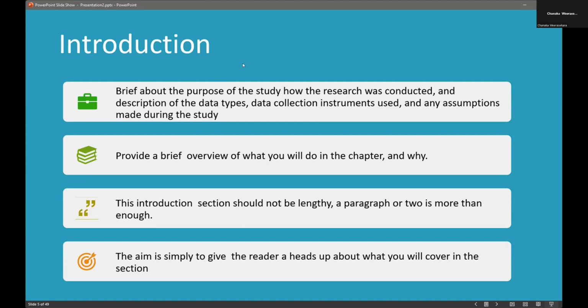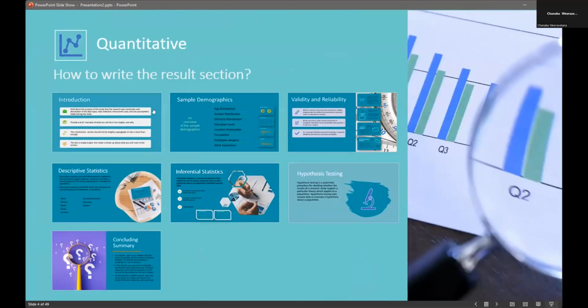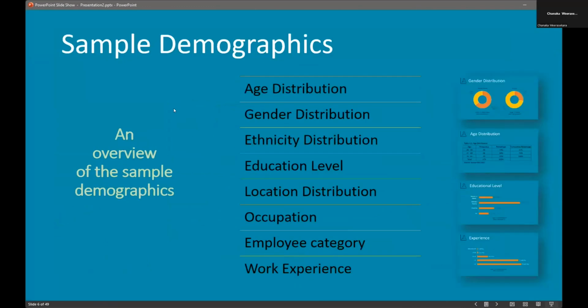So that is the introduction part of the results section. Then moving into the second part, that is sample demographics.